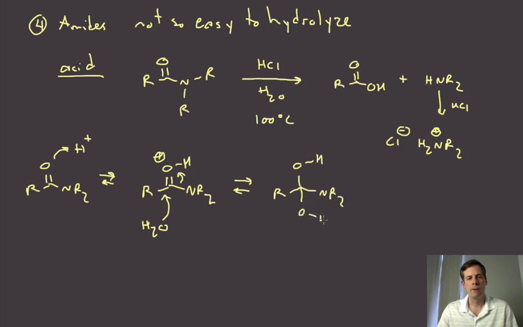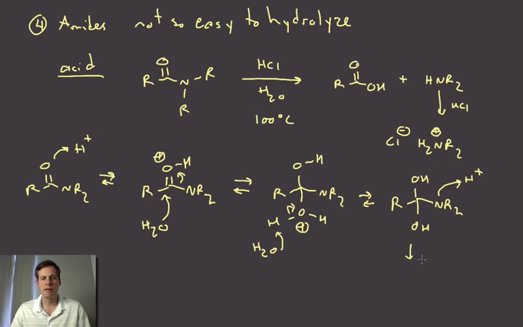Okay, there's our water we just added, and of course we need to deprotonate that. So we will get to this intermediate. And of course we could protonate one of the hydroxyls, and that's actually just going to lead us back this pathway. So instead what we need to do is protonate this nitrogen so that we can turn it into a reasonable leaving group.